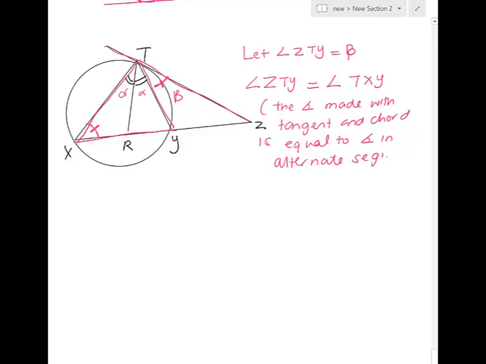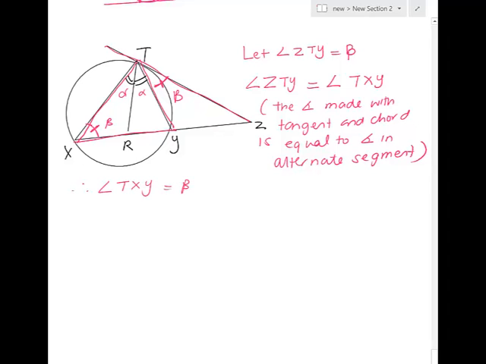So that's a mouthful, but that's the proof. So this one's also equal to beta, so therefore angle TXY is also equal to beta.